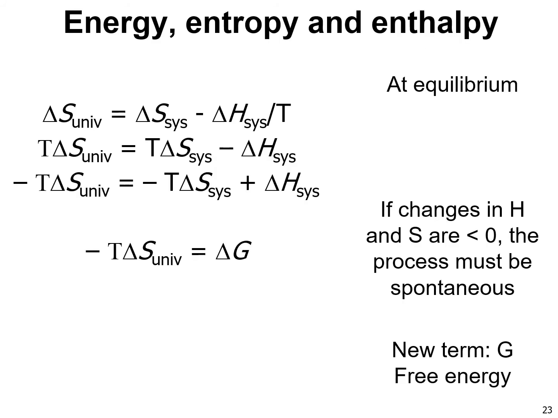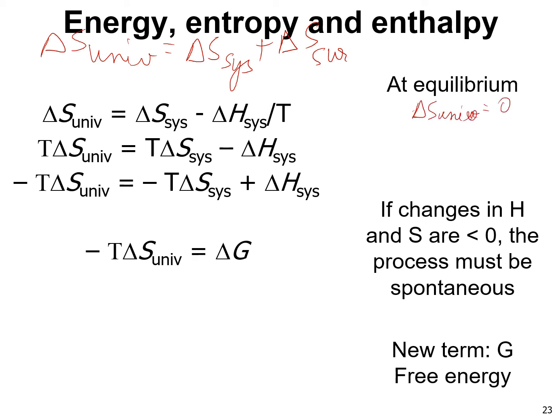So to confirm, I just showed you previously that delta S of universe equals delta S of the system plus delta S of surroundings. Correct? We saw that at equilibrium, delta S of universe equals 0, which means that delta S of the surroundings will be equal to negative delta S of the system, correct?